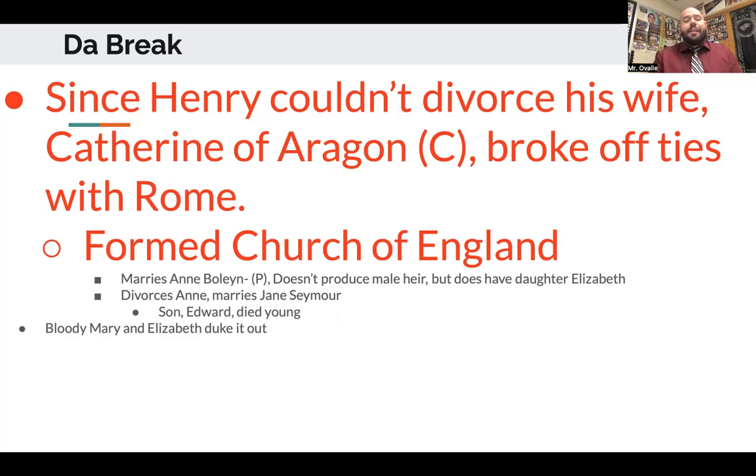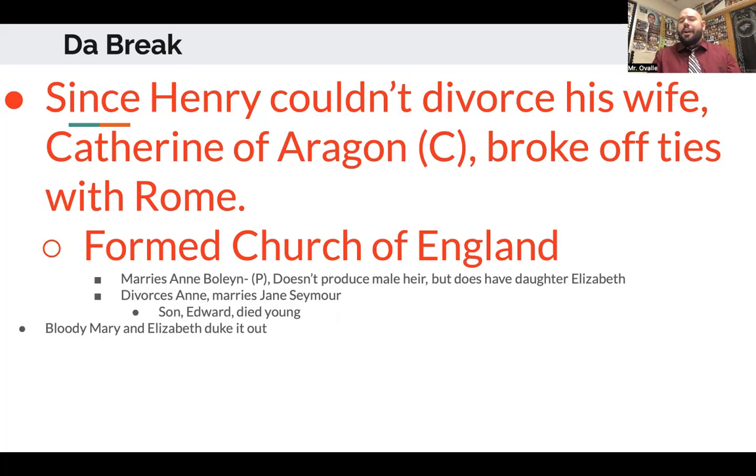He had to marry her because his brother died before they could get married. So Catherine, it was kind of like a marriage, not really going anywhere. So Henry says, hey, Pope, I'm the king of England. I follow your laws, but like, she isn't the one I wanted to marry. She's not giving me a son.